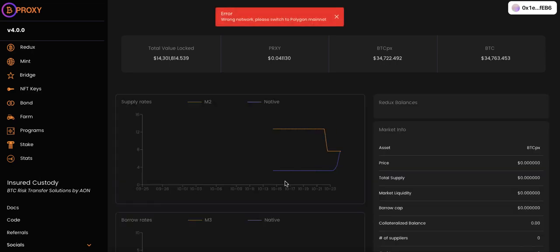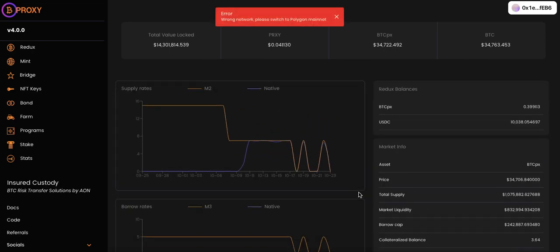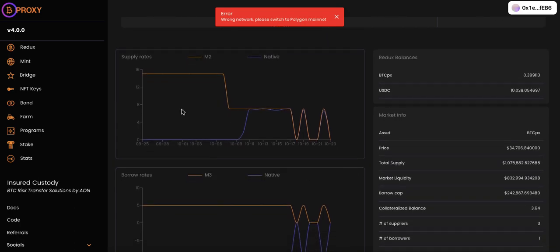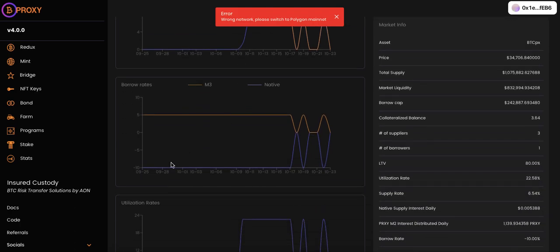As we click through in the BTCPX pool, you can see on the market detail page that the supply rates are visualized here, the native interest rate in blue, and the mode 2 paid in proxy in orange.